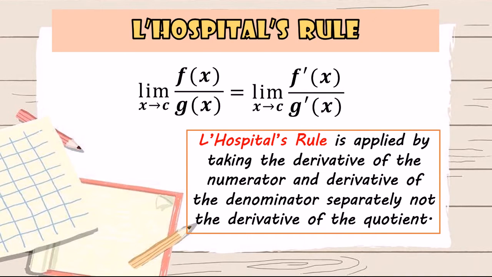L'Hospital's rule is applied by taking the derivative of the numerator and the derivative of the denominator separately, not the derivative of the quotient. So let's try to evaluate the indeterminate forms 0 over 0 and infinity over infinity.